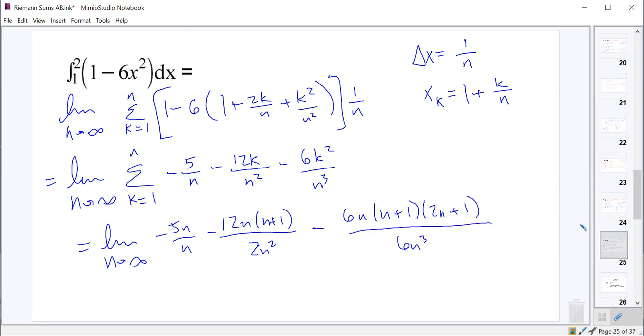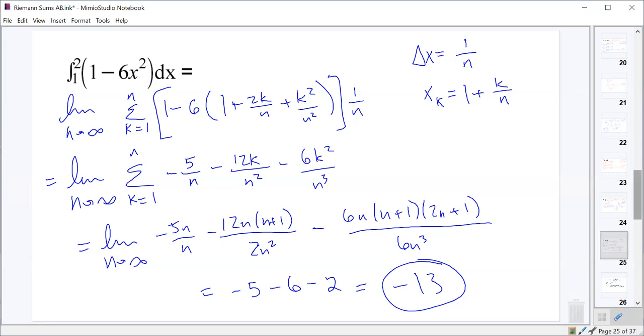Everybody good with all of those? And our first one becomes negative 5. Our second one becomes negative 6. And our last one becomes negative 2. Everybody good there? Any questions, any issues? We all good? Good, all right, perfect.